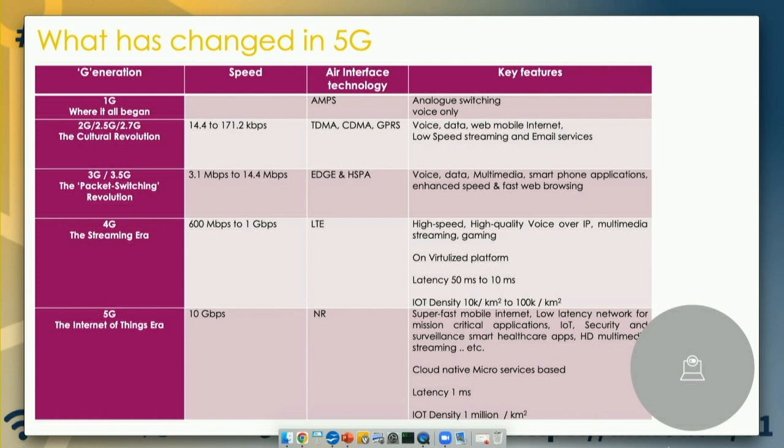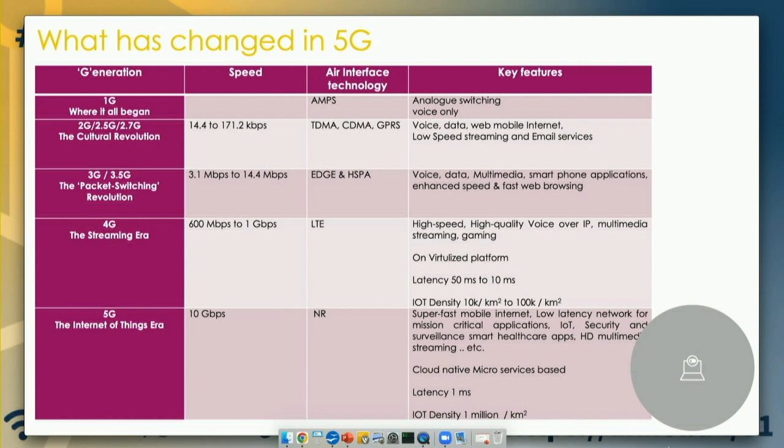This was the first time the world saw data on a wireless network. It had mobile internet, low speed streaming and email services, some basic services. After 2G came 3G with enhanced speed in Mbps, having voice, data, multimedia, smartphone applications, fast web browsing.